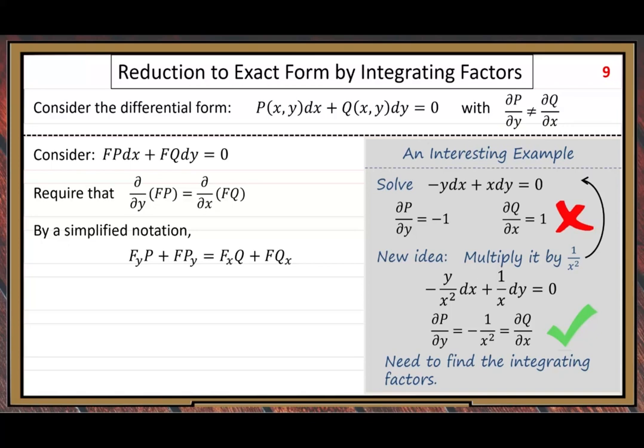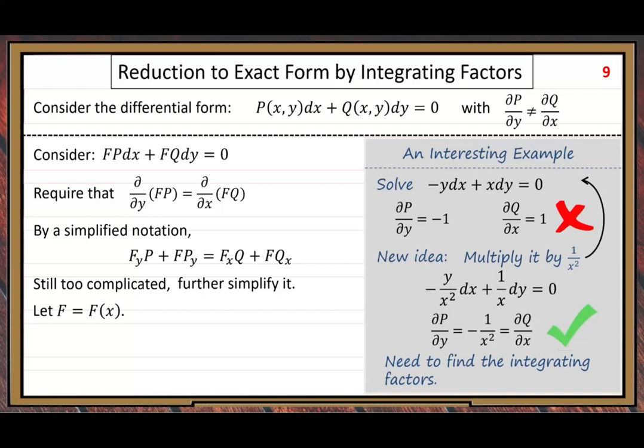Here, let me give you two simple cases that make it much easier. The first one: we let F be a function of X, no Y. No Y in the F function. That's simpler, right? A single variable function, sometimes called univariate.